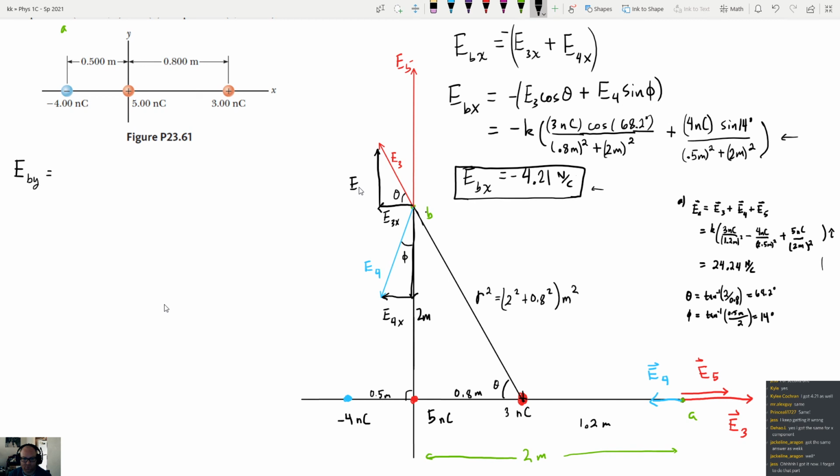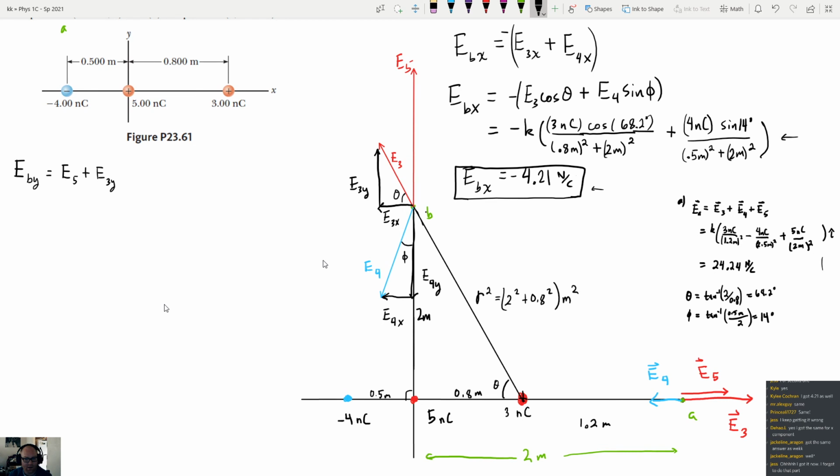It's going to have an E4y in there. And then it's going to have an E5 in there. So it's going to be equal to E5 plus E3y. And then we subtract this one because it points downwards, minus E4y.